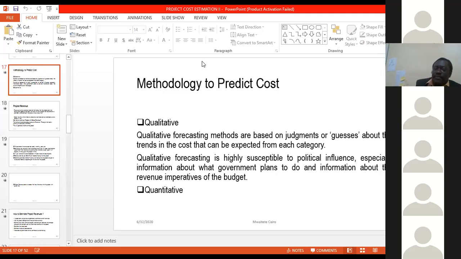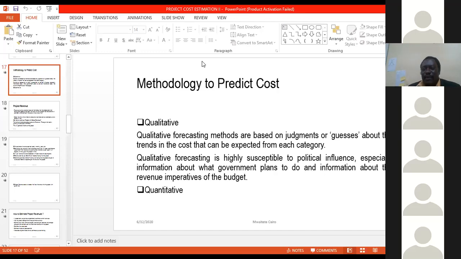So at one time, you will need to use your personal experience. You use the best judgment of yourself. So it is a lot about guesswork, because you are using a qualitative approach.